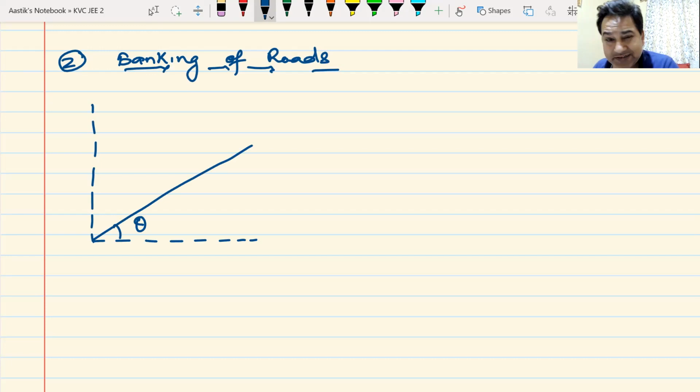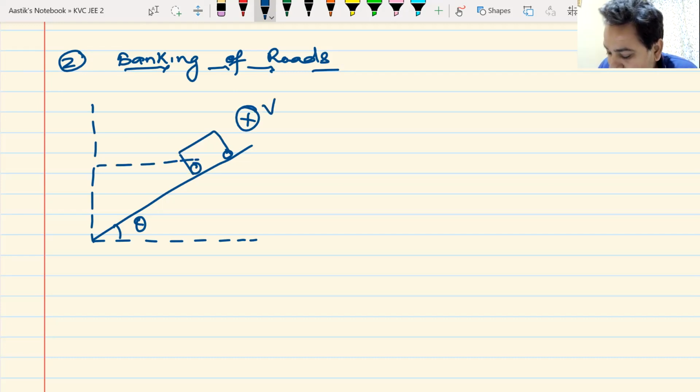We call that angle, let us say, theta. Now, when your vehicle is like this, here, again, I'm drawing the back side of the vehicle. The vehicle is going inside. This is your capital R, the radius of the circle on which your vehicle is turning.